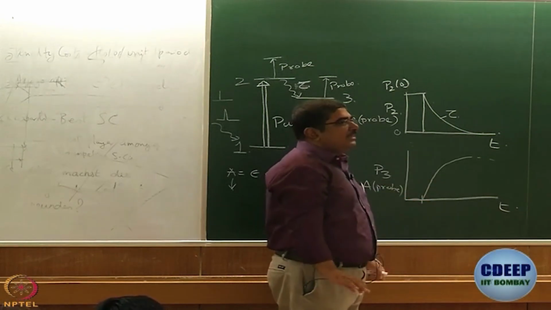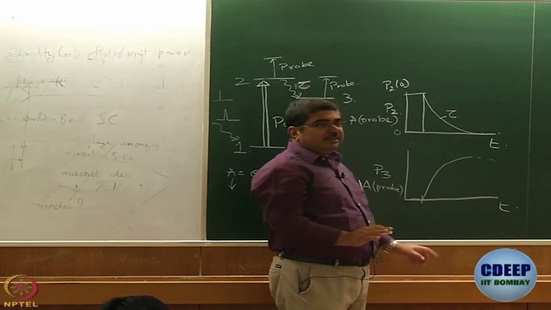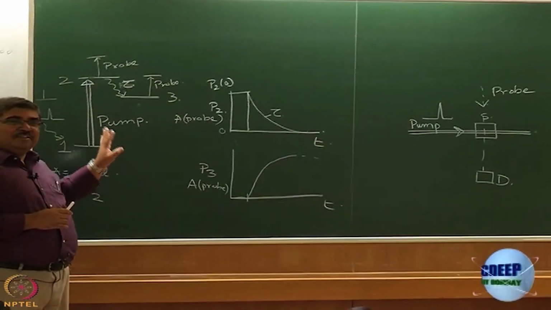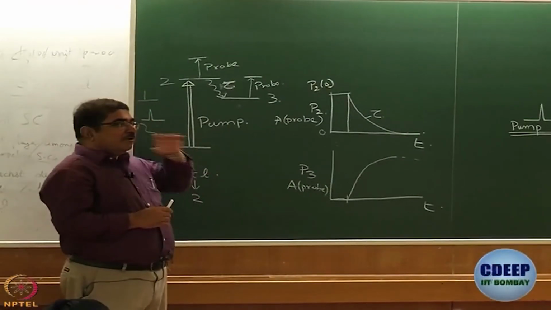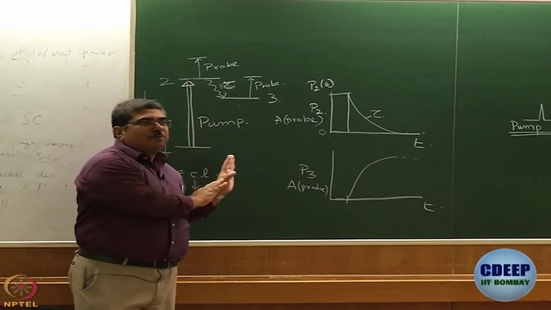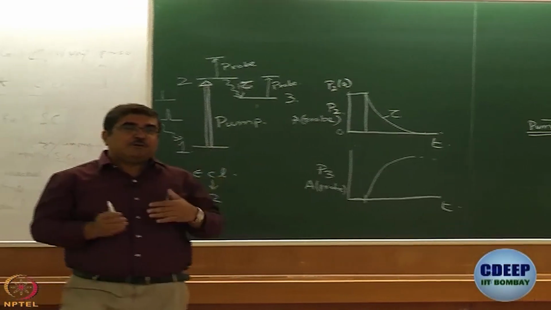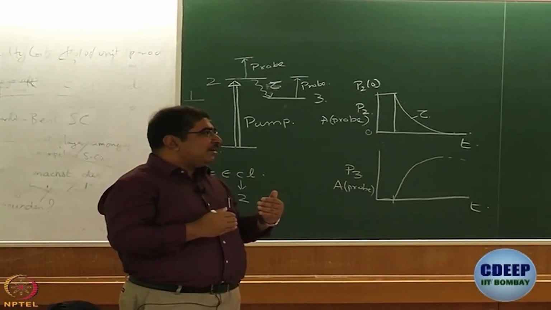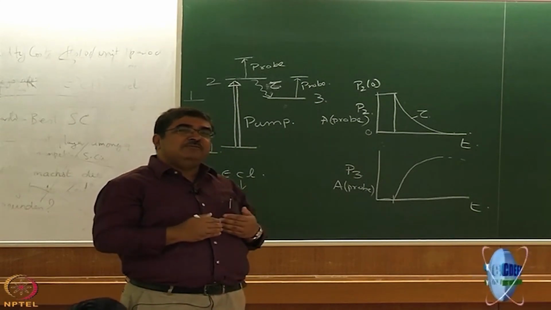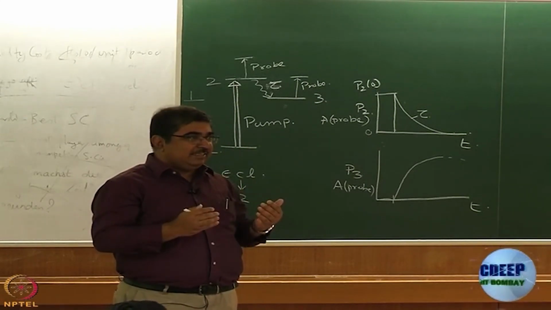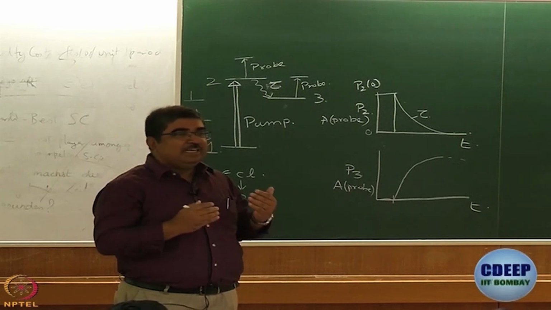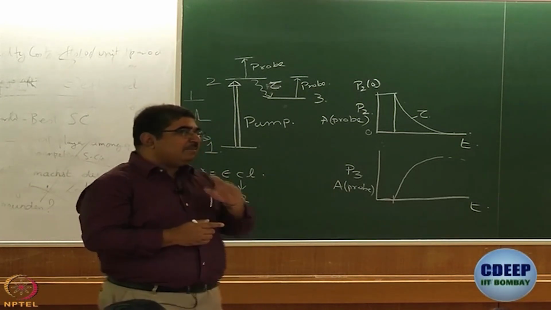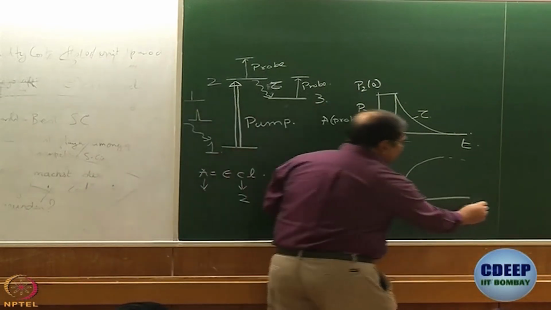And the point to remember is that probe has to be much more feeble compared to the pump. Clear? Can I go ahead? Now, in the discussion that we have had so far, what we have learnt is we have built the schematic of one way of following the time evolution of states by using light. But the fundamental problem remains. The fundamental problem is this time has to be in femtosecond.